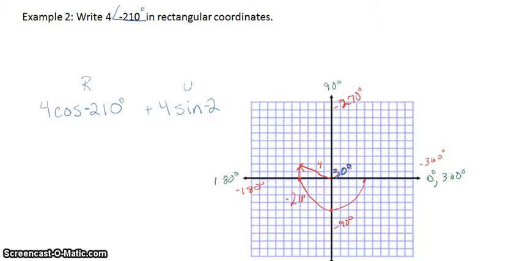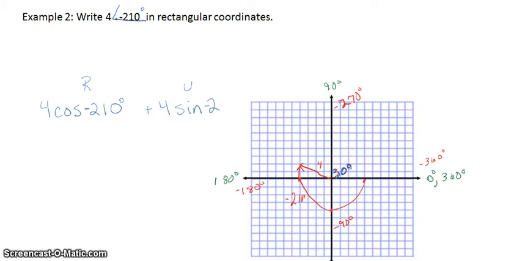Alright, the next thing we're looking at here is writing this polar coordinate at a measure of -210 degrees and changing that to rectangular coordinates.